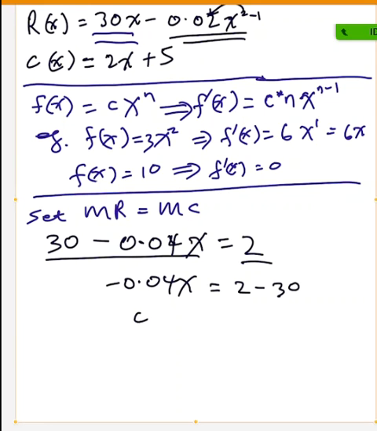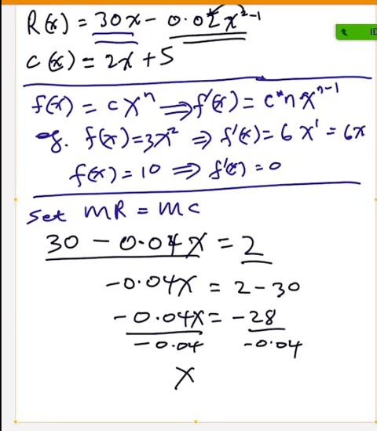So we get minus 0.04x is equal to minus 28. We can divide through by minus 0.04, and we are going to get x equal to 700.